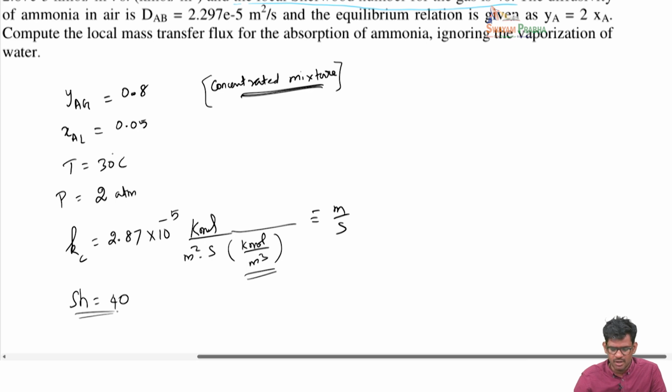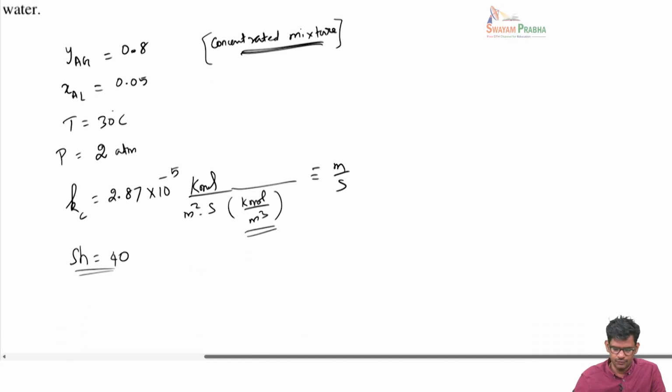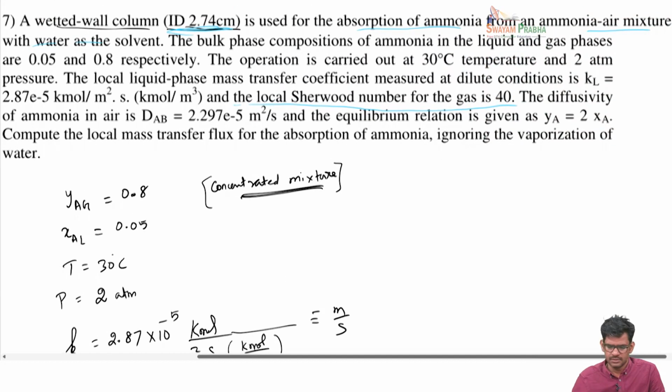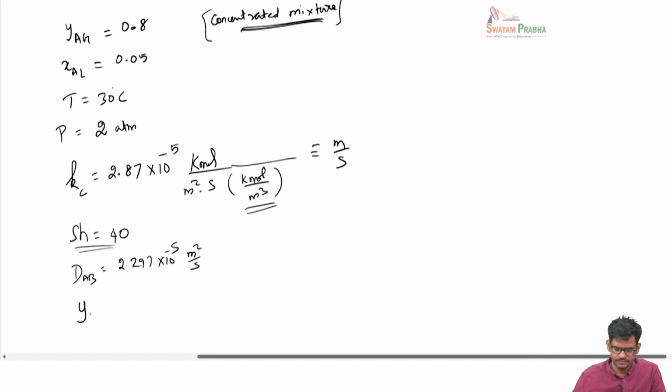So you have to worry about how to define Sherwood number. And what else is known? Diffusivity is known. Diffusion of ammonia in air is given, that is 2.297 10 power minus 5 meter square by second, and then of course equilibrium line.